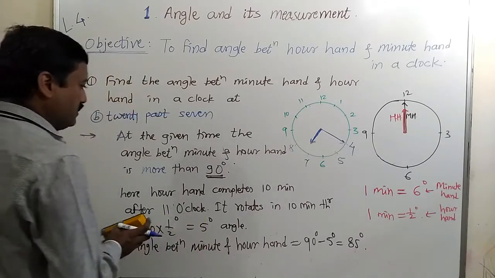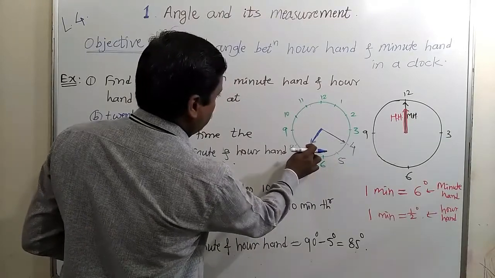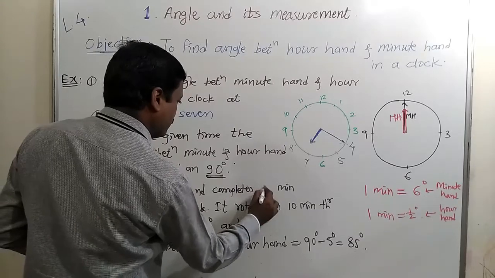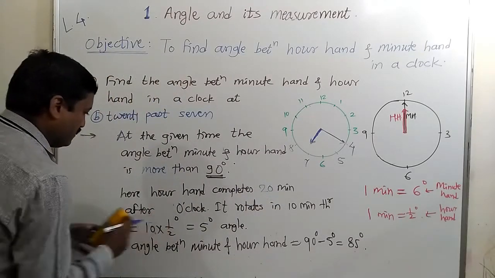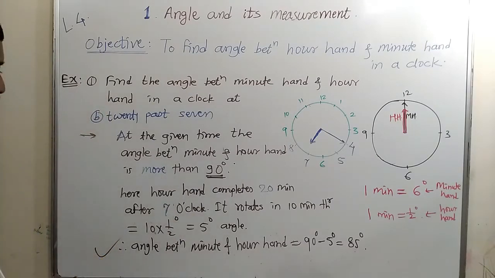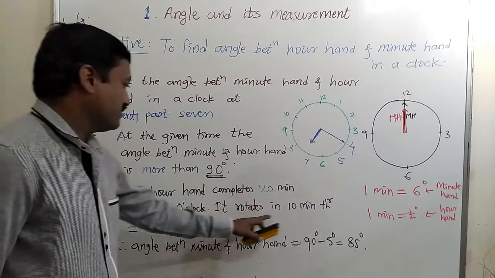So let us change here. The minute hand is at this 4 and the hour hand completes 20 minutes, instead of 10, 20 minutes after 7 o'clock. Okay. The hour hand completes 20 minutes after 7 o'clock.